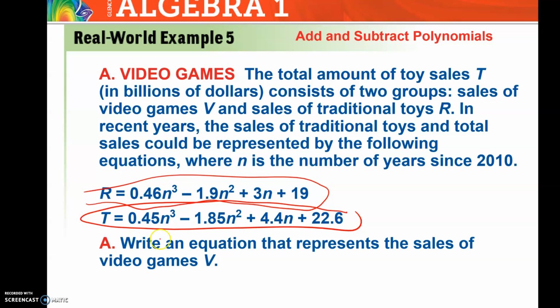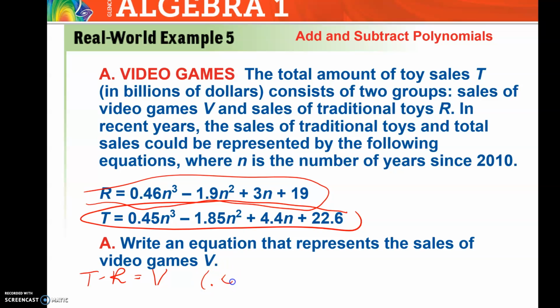We want to figure out how we can find an equation that represents how many of the video games we have. So if they took the video plus R and got T, if I take T, subtract the R, that will give me V. So we're going to use subtraction.